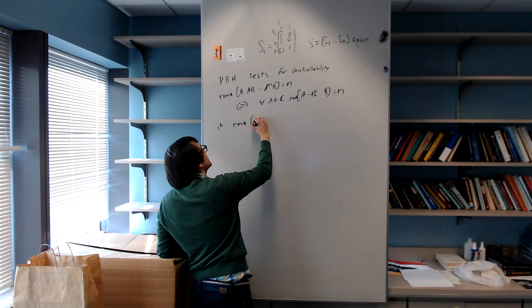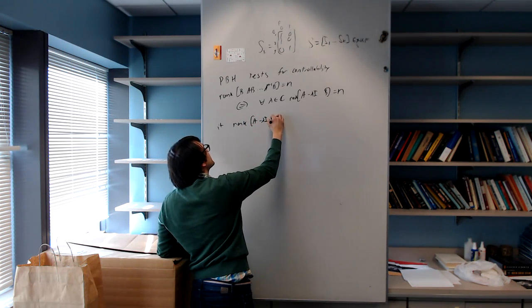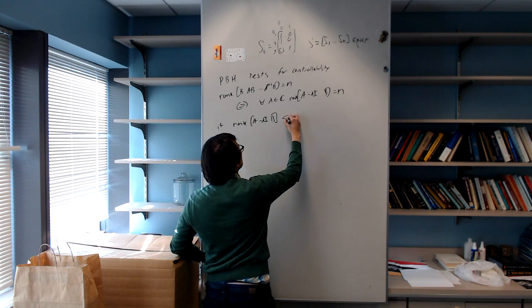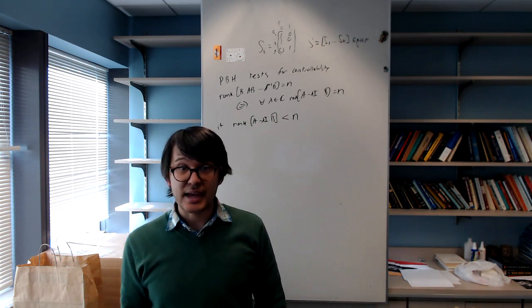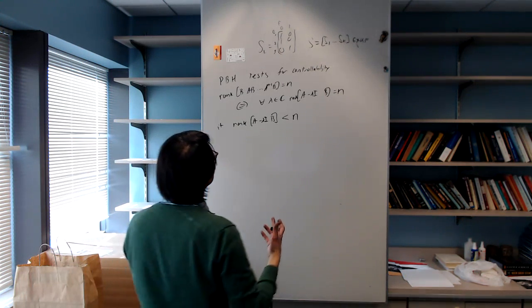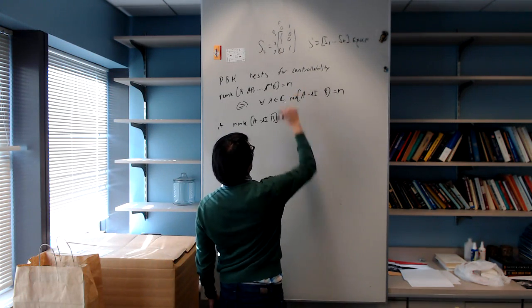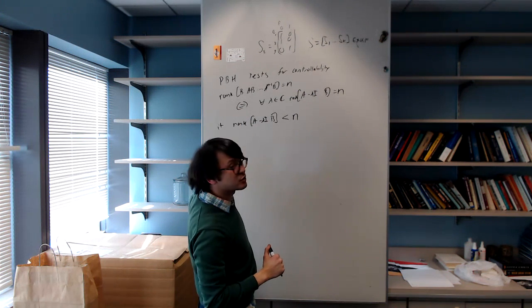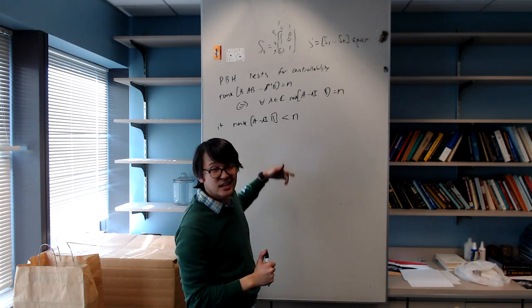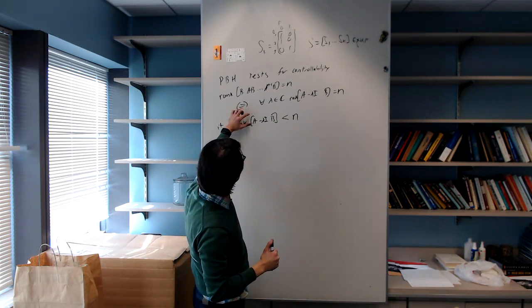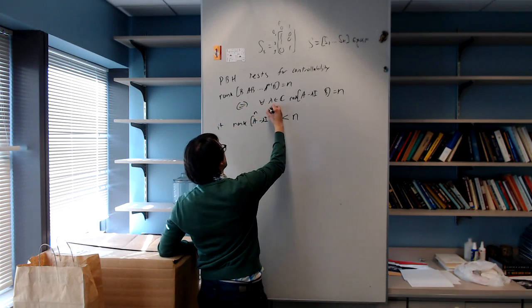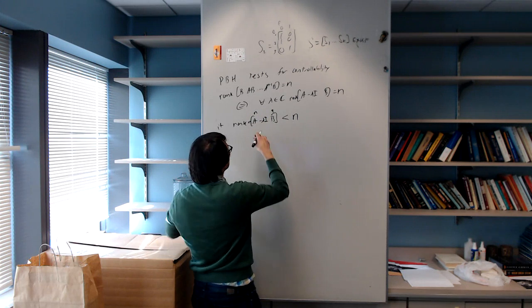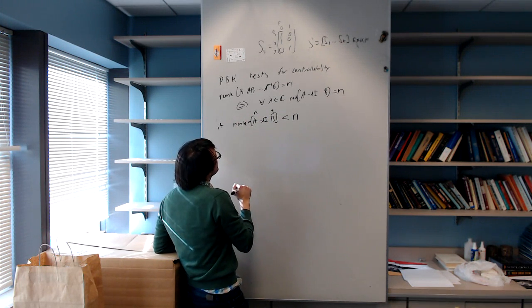If the rank of [A minus lambda I, B] is strictly less than n, what do we know is going to happen here? This matrix is n by n plus q, if B was n by q.